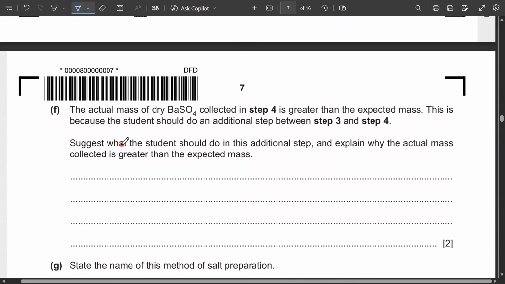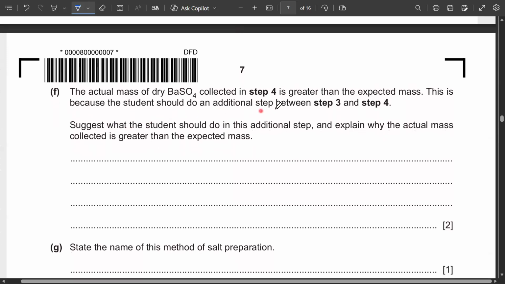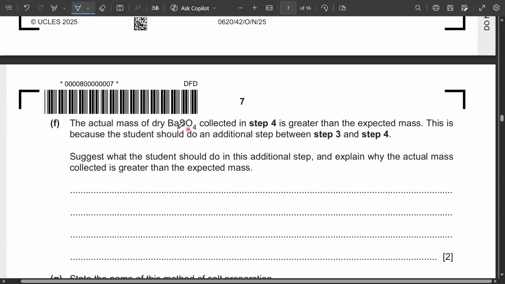F part, the actual mass of dry barium sulfate collected in step 4 is greater than the expected mass. This is because the student should do an additional step between step 3 and step 4. Suggest what the student should do in this additional step and explain why the actual mass collected is greater than the expected mass.